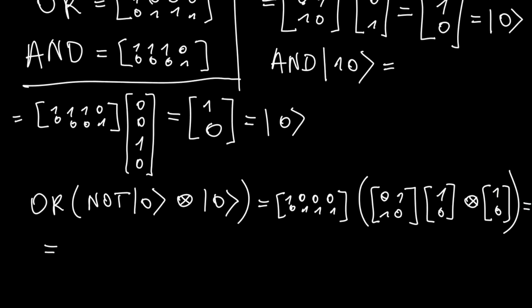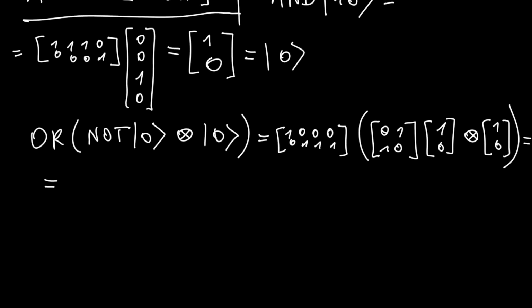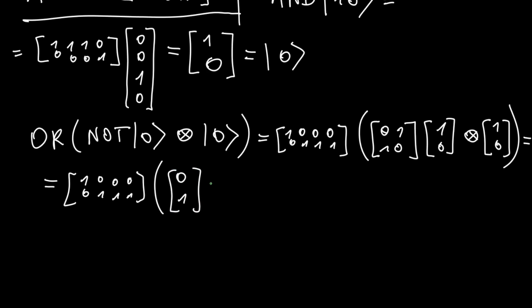You can try to do it yourself. Well, I can show you. Let's start with this thing. 1 times 0, 0 times 1, 1 times 0, 1 times 1, 0 times 1, 0. So we're gonna get, let's rewrite this thing, 0 1, which is just 1, and 1 0, which is 0.